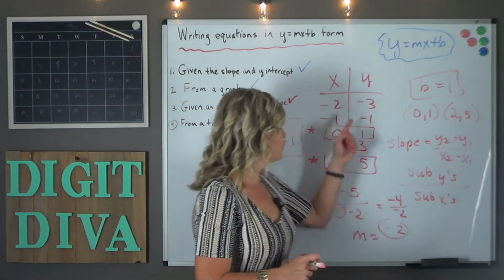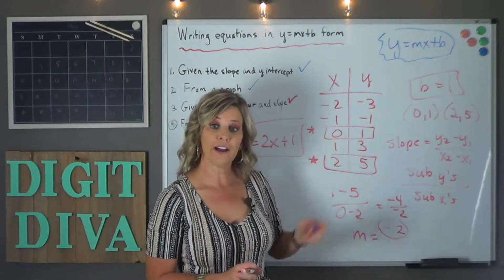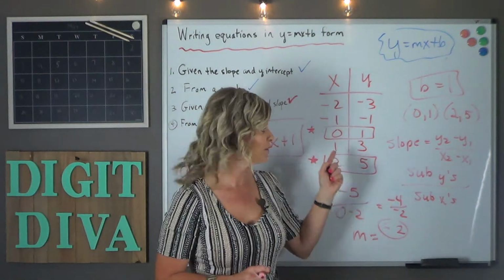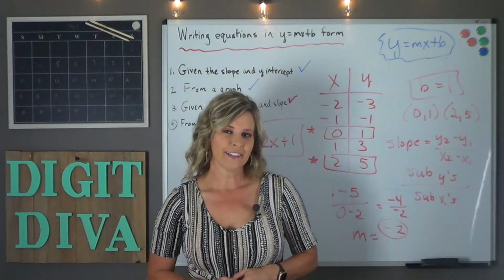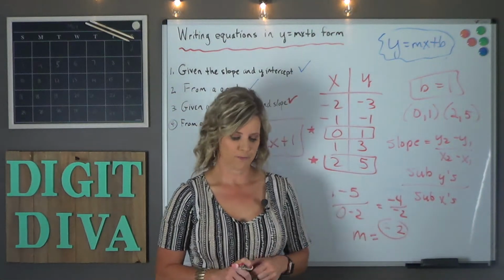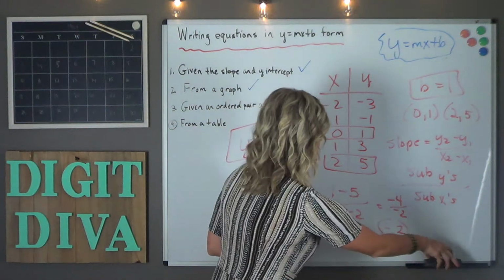Remember, determine your y-intercept. If they give you a value of x that's 0, it's easy to eyeball it. What would we do if they didn't give you a value of 0? So let's practice that.